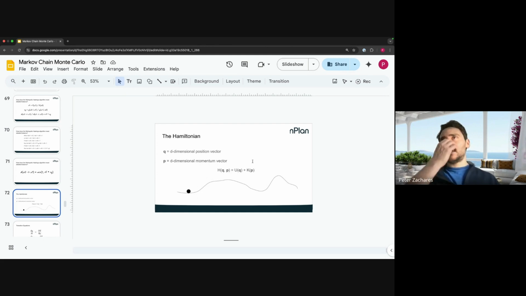So that's the basic idea of the Hamiltonian. The system is described through an energy equation, and it's about points moving around on a surface.